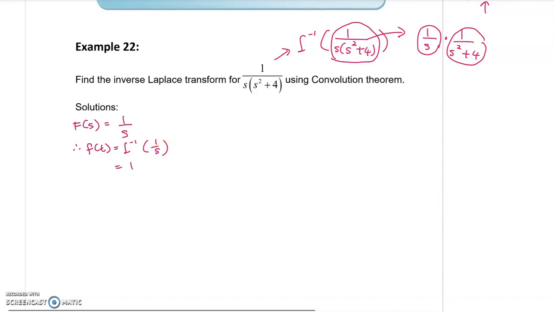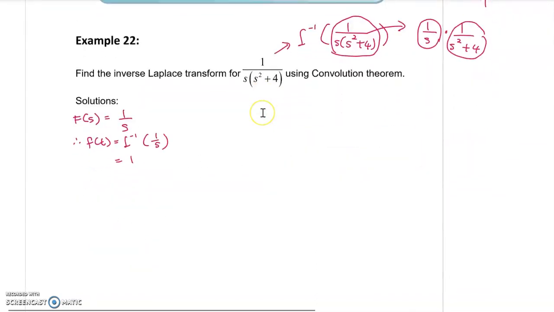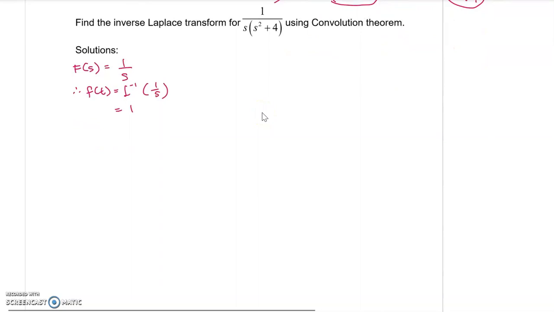In the theorem, it is f(u). Since we know f(t), we can simply state that f(u) is also equal to 1, because in f(t) we don't have the variable t. Regardless of the value of t, the answer is 1.